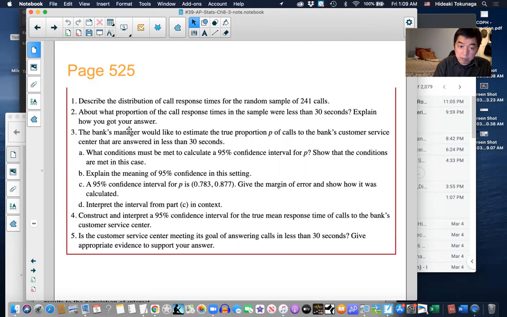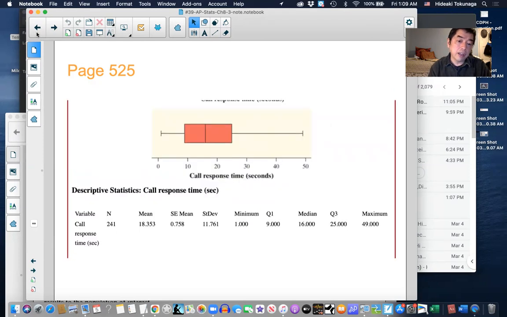Number two, what proportion of the call response times in the sample was less than 30 seconds? Explain how you get the answer. Okay. If it's a normal model, you can run the z-score with the standard deviation and cut off at 30 seconds and less. I was going to do that, but it's skewed right, so it's slightly off.